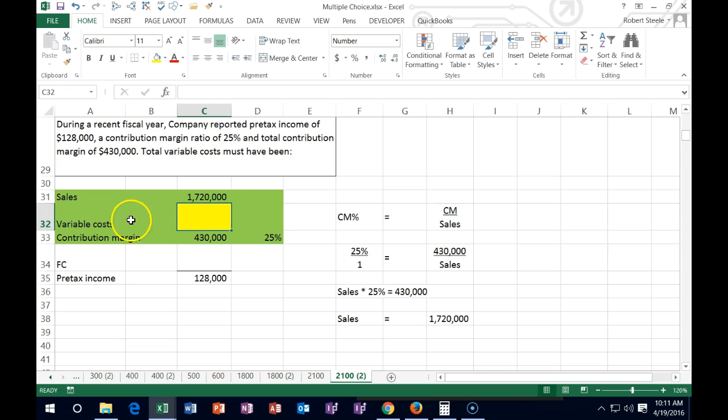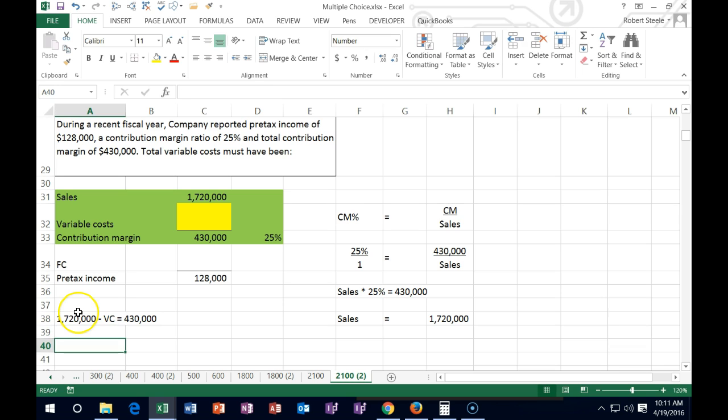And now the only question is, well, what does sales have to be? Sales minus what equals this? So we've got our next calculation of sales less X, the variable cost. We just say variable cost is going to equal the 430,000. I'm going to put a comma there. And so then we can plug in what sales is, obviously, 1,720,000.